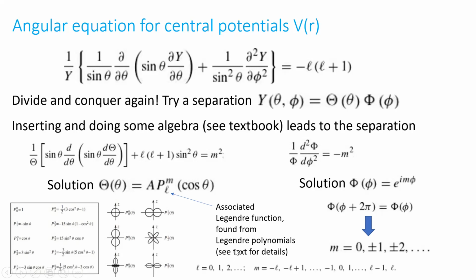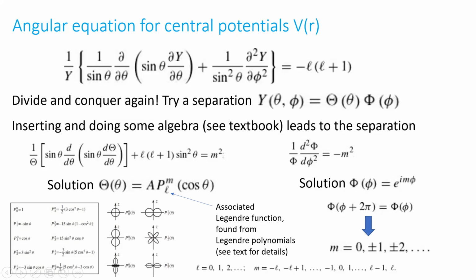Okay, so from the properties of the Legendre polynomials, it turns out that we can only have Legendre polynomials with l equals 0, 1, 2, 3, and so on. That has to do with the definition of the Legendre polynomial.